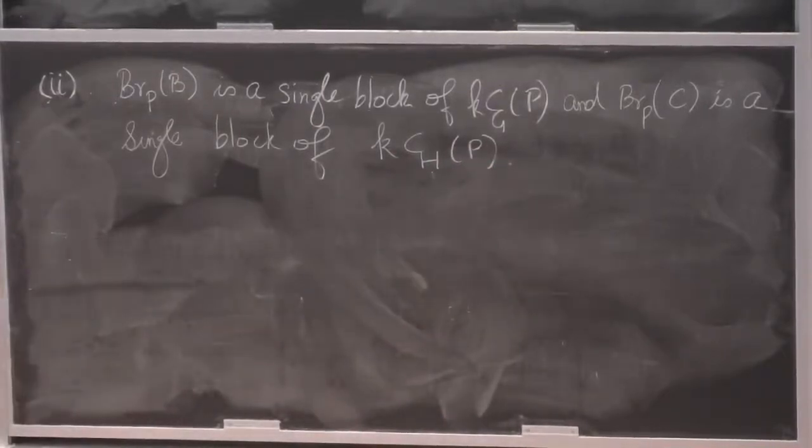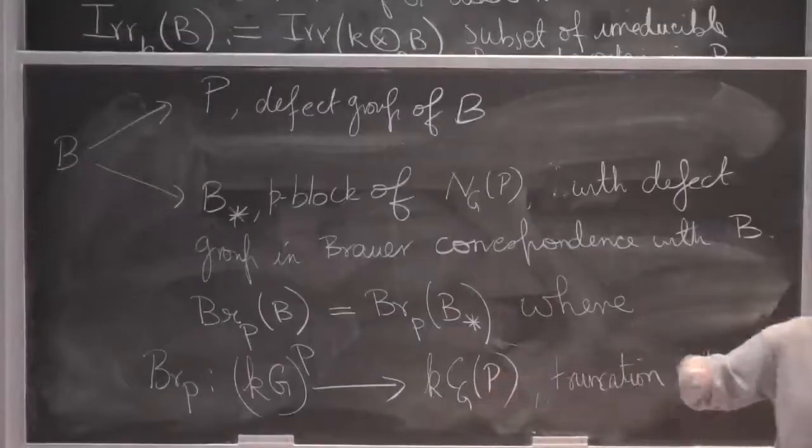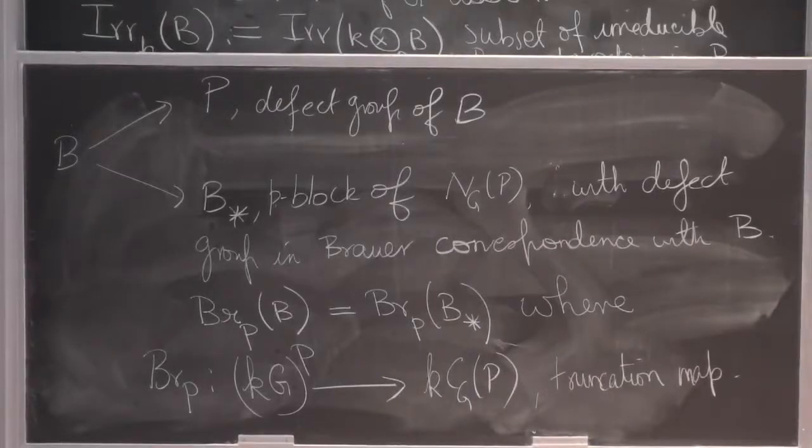So remember, the Brouwer homomorphism goes to the centralizer in G of P, and in general it picks out a product of blocks. So I want to make this simplifying assumption that it's not picking out a product, it's just picking out one block. Okay? This is not always necessary.